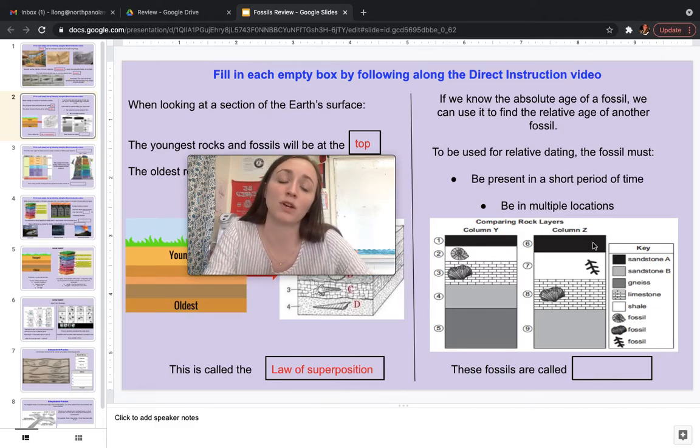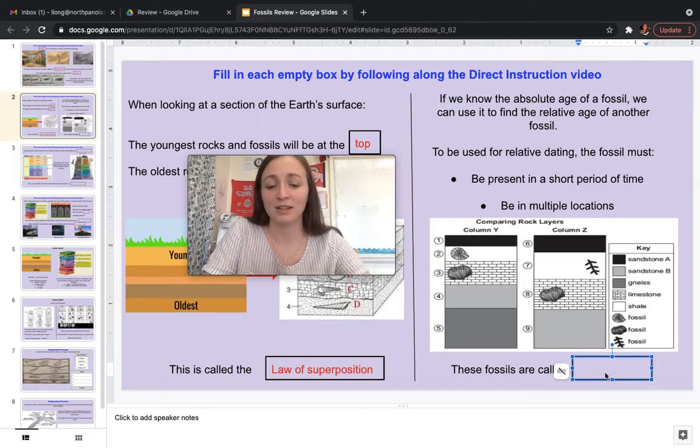So like if you look over here, and this is our Sardis layer, we have the fossil, again, it's the same fossil, but it's just in one layer. So since it meets those standards, we know that if this fossil over here in Como is 15 million years old, then this fossil must also be 15 million years old.